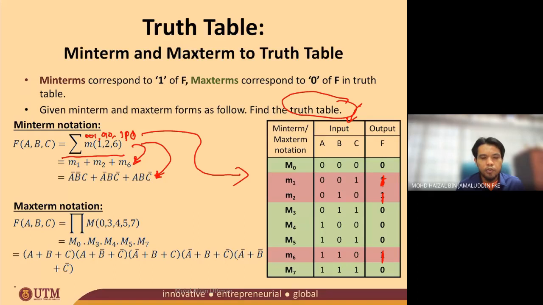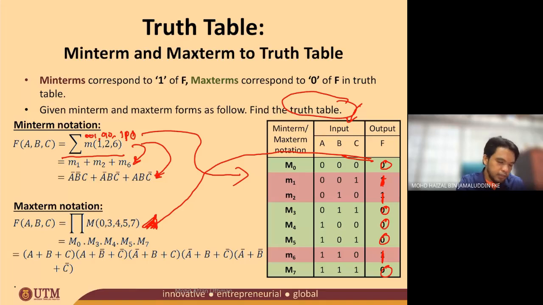So when it's given the Minterms, automatically the others will be 0, and the others will represent the Maxterms. Even from this truth table, you can get the Maxterm notation.